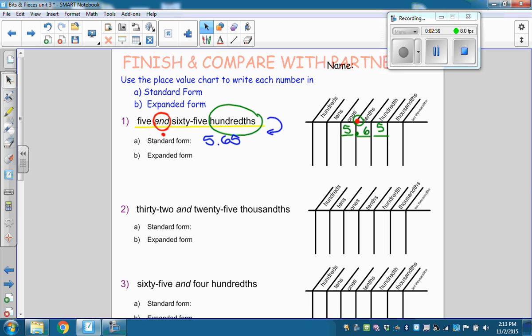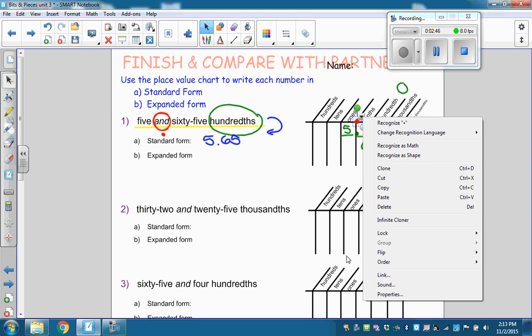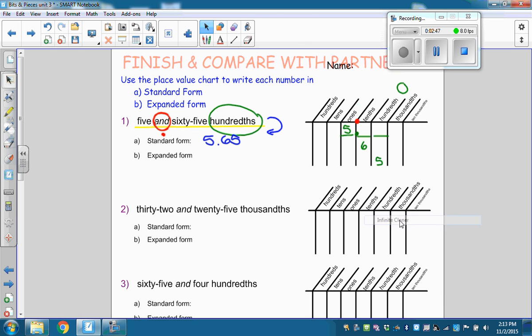So if I take this little chart and I slide these numbers apart and I take this decimal and just bring it down everywhere, I've taken the digits apart. Do you see that? Then I'm going to fill in and write this number in expanded form.